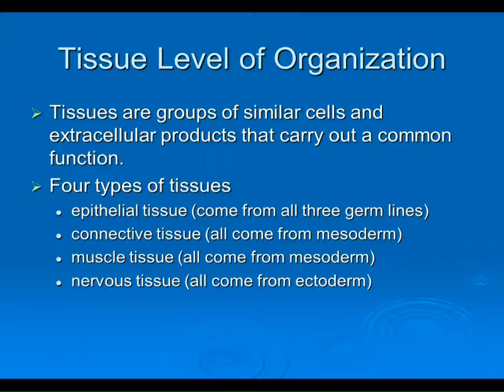Covering the body, ectoderm, lining your organs in the middle, mesoderm, and lining your gut tube, endoderm. So it makes sense that you would have epithelial layers derived from all 3 of those germ layers. Connective and muscle tissue, all from mesoderm, and nervous tissue all comes from the ectoderm, from the outer layer.